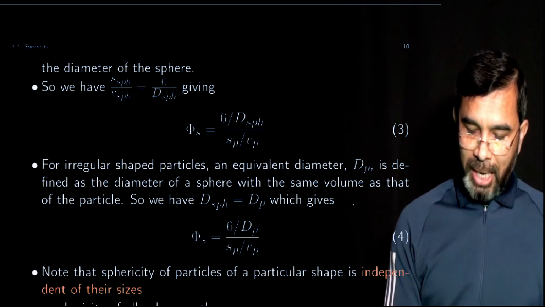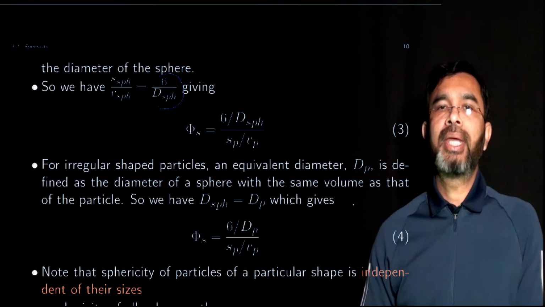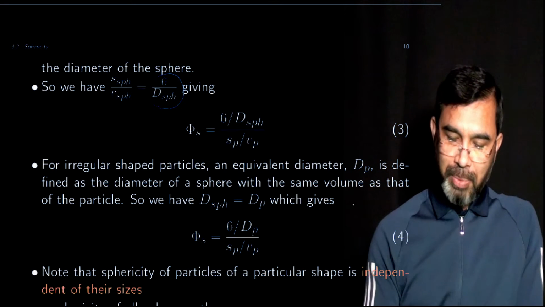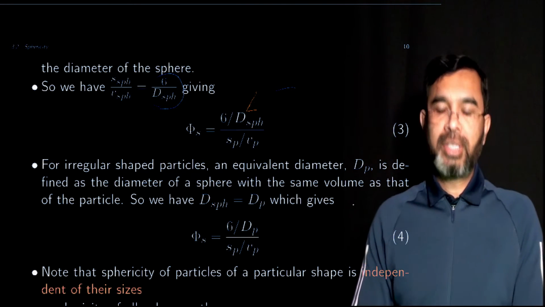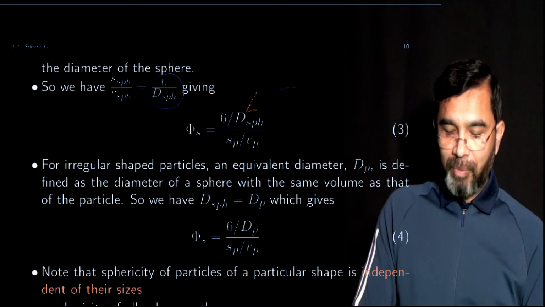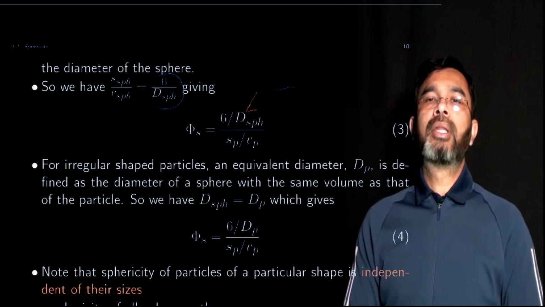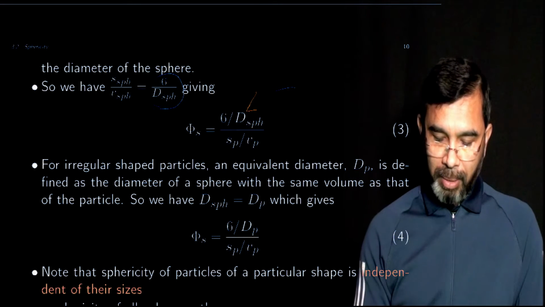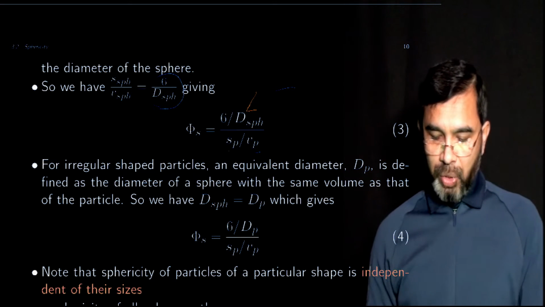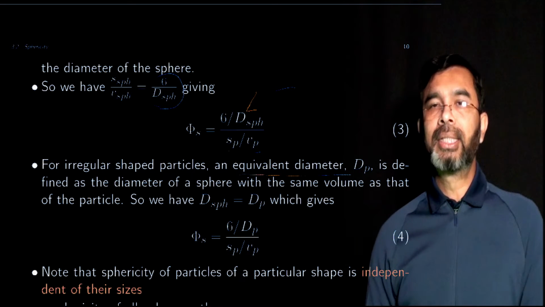Simply using this, we see that for the sphere, the surface area to volume ratio is 6 over the diameter of the sphere. So this gives us the sphericity of a particle equal to 6 over the diameter of the sphere having the same volume as the particle, over the surface area to volume ratio of the particle itself. Now for irregular shaped particles, we define something called the equivalent diameter.